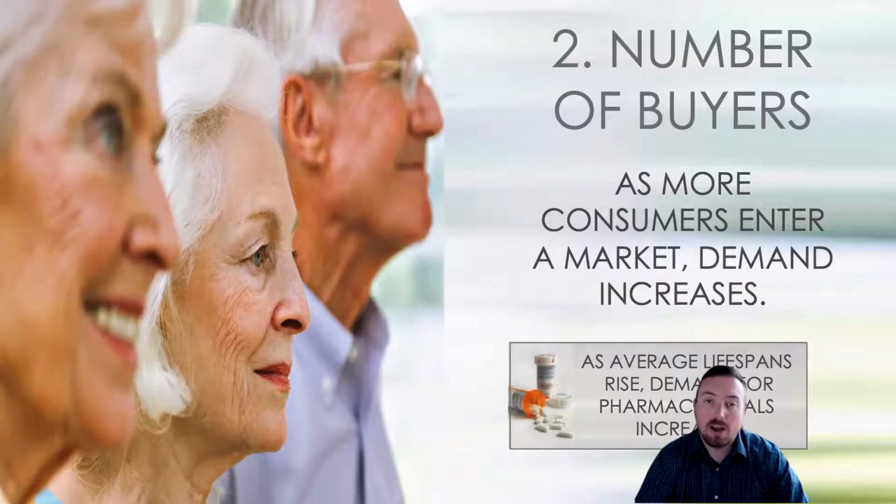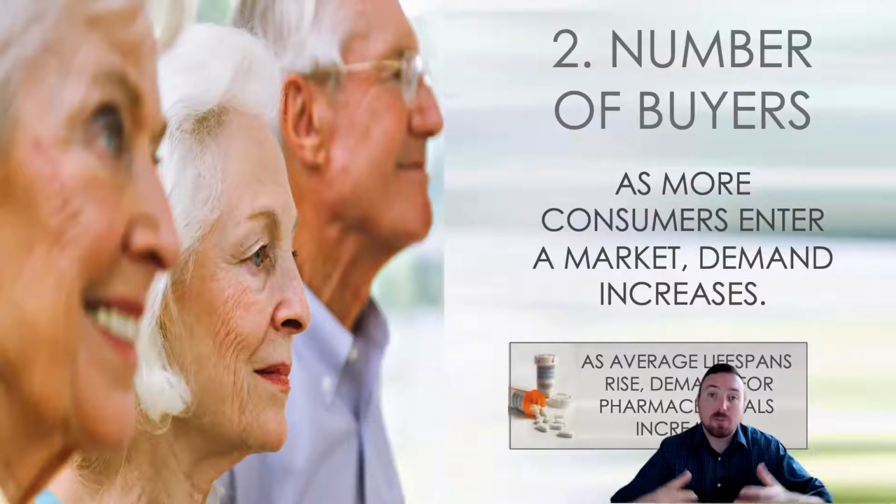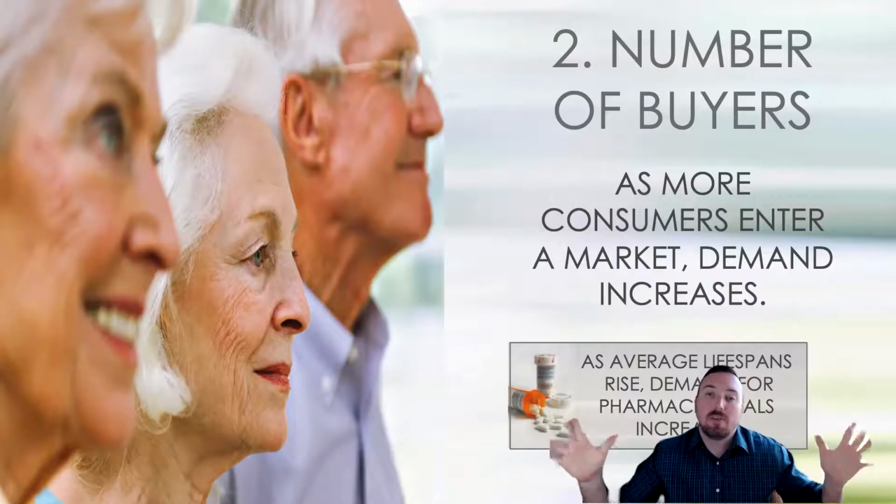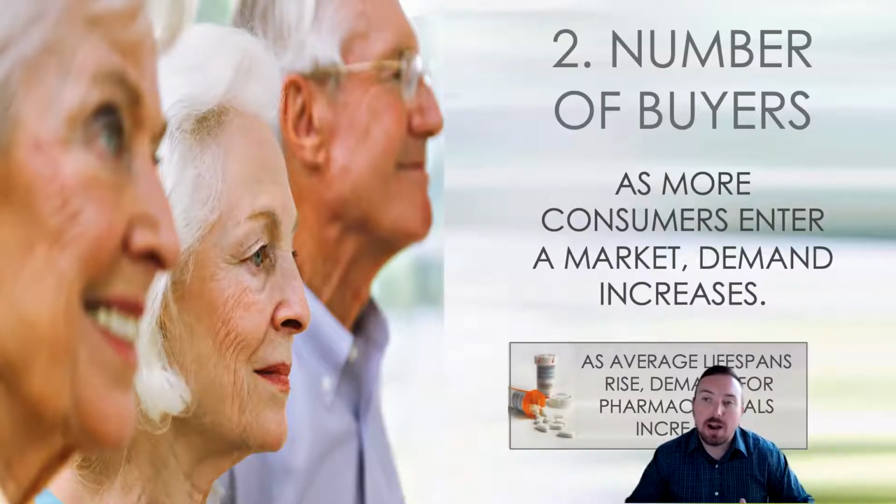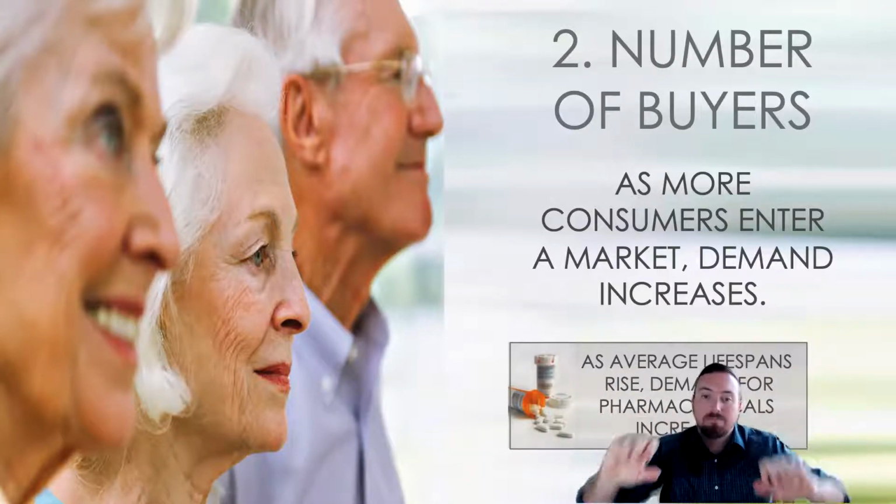This is another reason why there are more class offerings during the fall and spring than there are in the summer. There's more demand for classes in the fall and spring than there is in the summer. Now that's changing a little bit, but by and large, that's the case. Again, the more buyers you have, the more consumers you have, demand's going to go up. The fewer buyers you have, demand's going to go down.